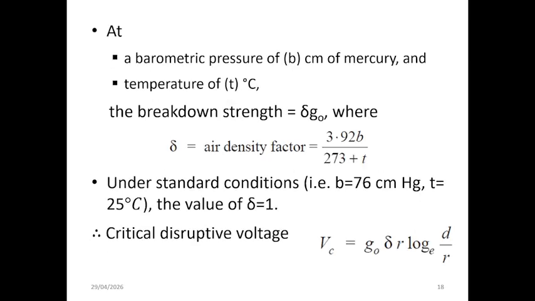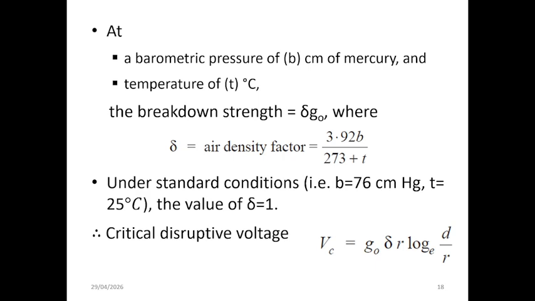At a barometric pressure of B centimeter of mercury and a temperature of T in degree centigrade, the breakdown strength of air changes due to variation in air density.